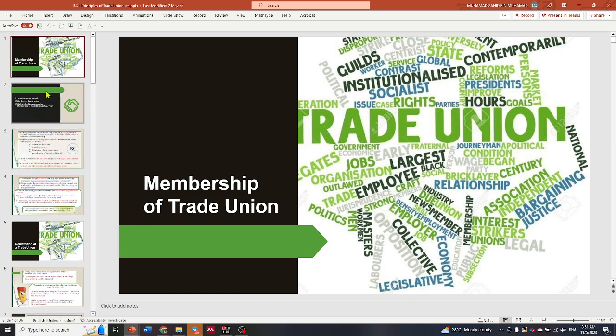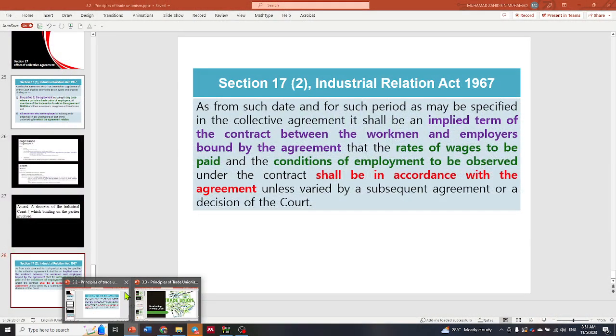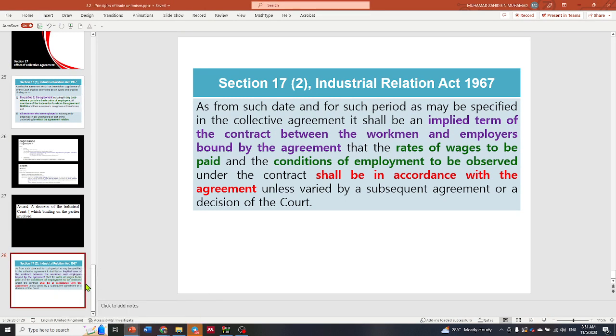Afif, soalan saya adalah, saya bagi awak satu situasi dan awak nyatakan boleh atau tak boleh, dan dalam section mana yang menyatakan yang protect pekerja ni. Situasinya adalah nama kawan awak ni, nama dia Ahmad. Ahmad ni seorang pekerja yang baik dan dah bekerja lama dalam syarikat ni, 20 tahun.